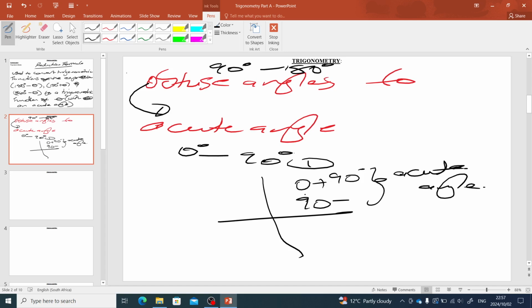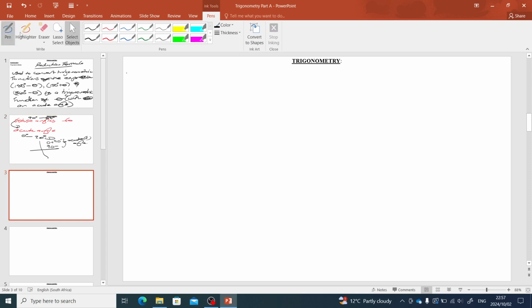All the angles on your first quad, they are acute and they are positive. That's what we said, isn't it? All signs are positive on the first quad. Now, on the second quad, this is what we have. Remember, we are dealing with those expressions, 180 minus.